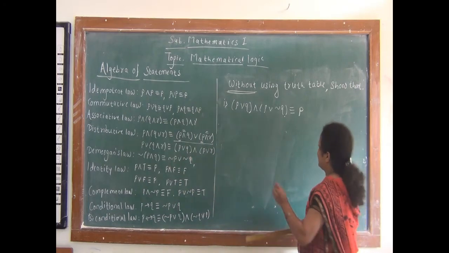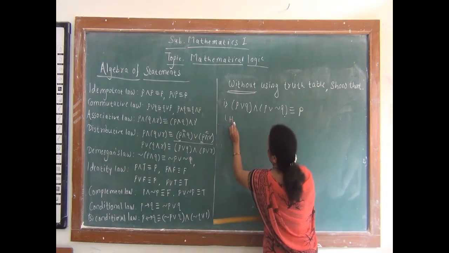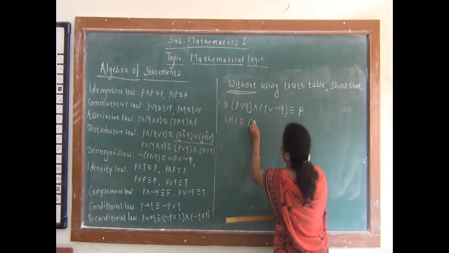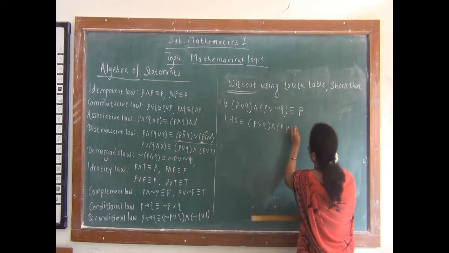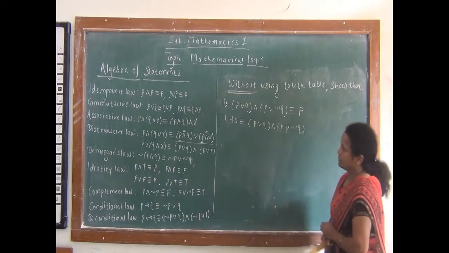So first we write LHS. LHS is equivalent to (P or Q) and (P or negation Q).